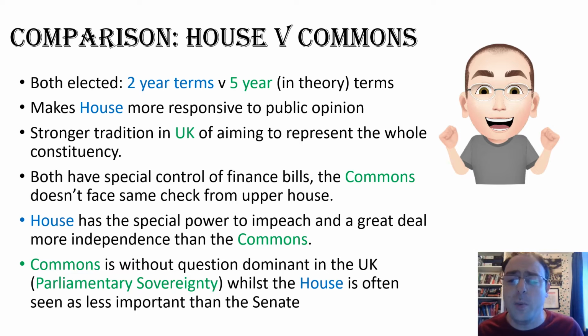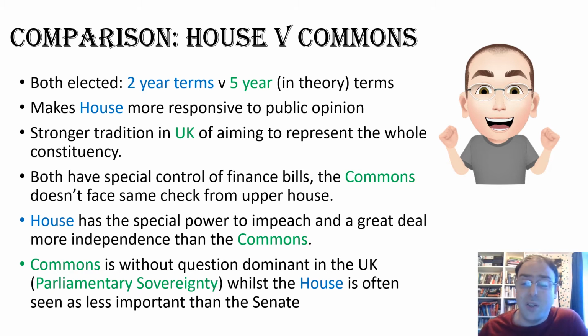So if we go into a bit more comparison between the houses, so if we compare the House of Representatives to the Commons, well, they're both elected. Now, the House of Representatives, the members are elected for 2-year terms. In the UK, theoretically, it's 5 years, but again, that tends to vary.